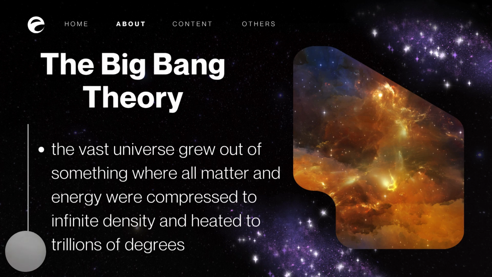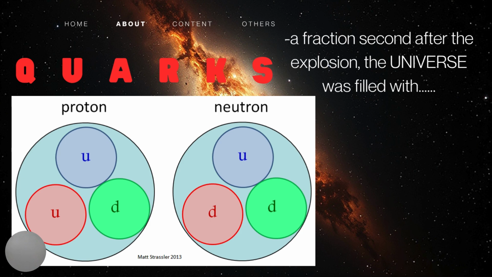Our universe, according to the Big Bang Theory, is expanding. In outer space there is still energy and matter, and they were compressed together. With infinite density, it became very heavy, and it was heated to trillions of degrees.